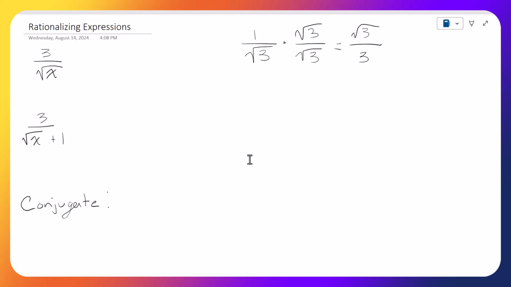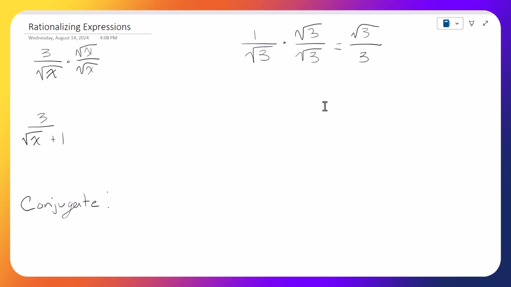These two examples are probably similar to what you've seen before. But just starting with this 3 over root x, this is really the same problem as what we did here. All we're going to do is multiply the numerator and denominator by root x.